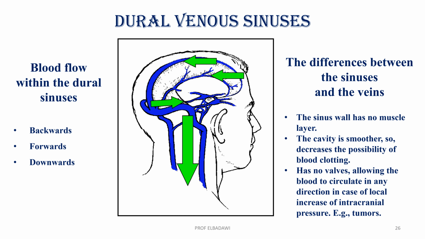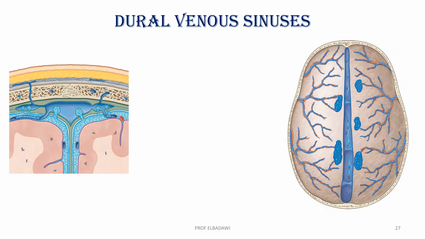There are also no valves in the dural sinuses, which allows the blood to go in any direction, from the front to the back or the back to the front, in case of a localized increase in intracranial pressure, for a tumor, for a blockage of a vein or whatever. That is the difference between a sinus and a vein.